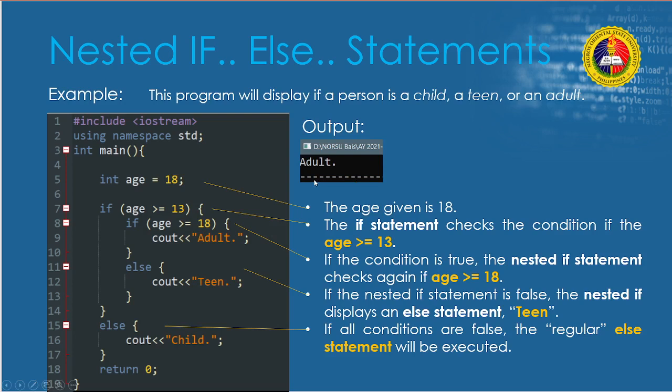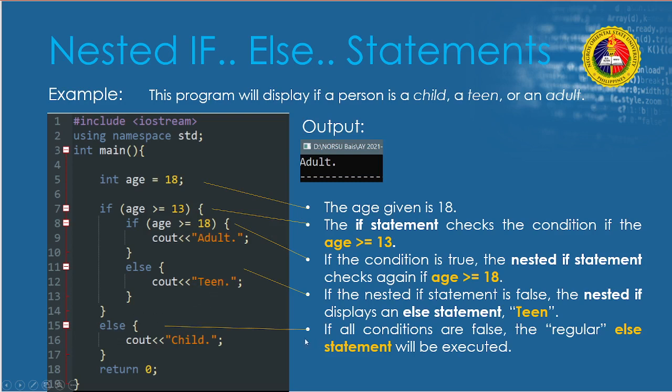So let's try to analyze our program. The age given is 18. On our first condition, the if statement checks if the condition is true. That means if age is greater than or equal to 13. If it's true, then the nested if statement checks again if the age is greater than 18, then it will display adult. But if we've entered any number which is greater than 13 but less than 18, it will display teen.